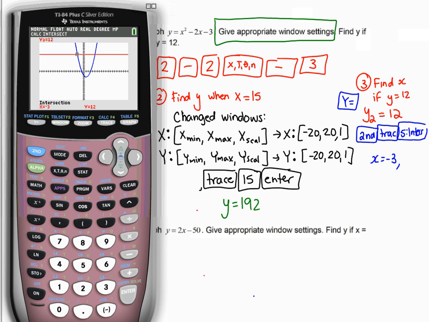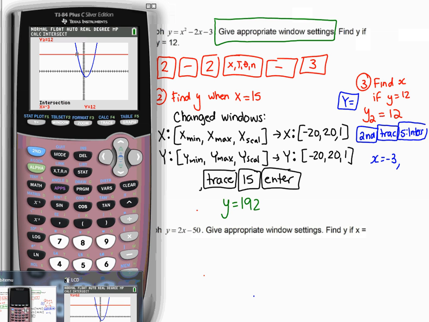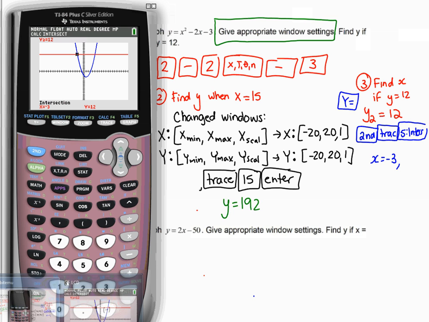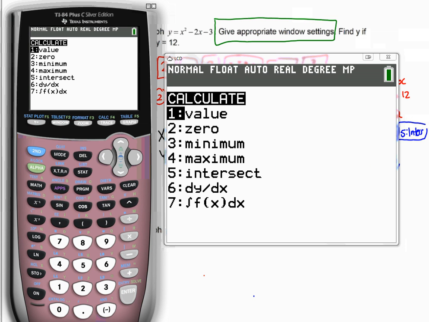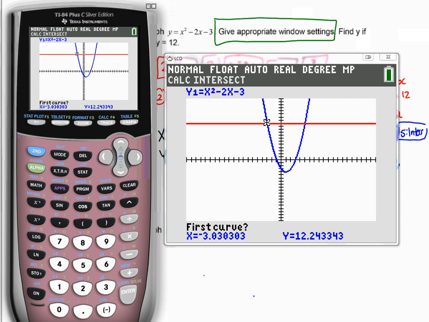There's 2 intersection points, right? I lost it. Oh, there it is. Second trace. So to do it all over again. Number 5. And now scroll over to the other one. So push the right arrow, get over. I'm going to pause it for a second and then see if anyone needs help.